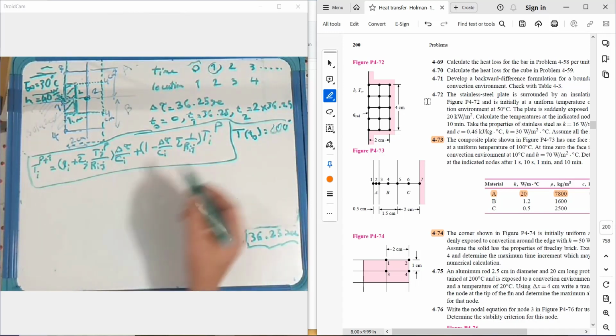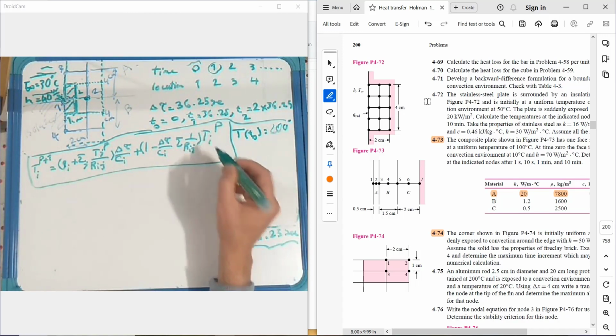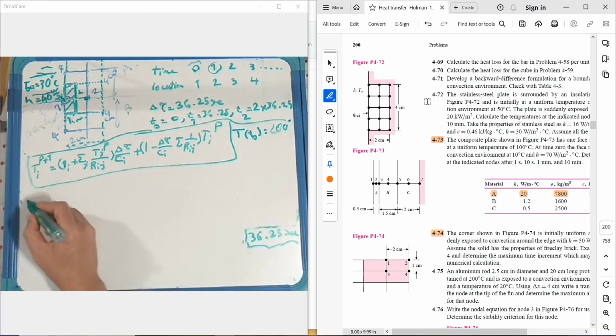Okay, this would be our i, for just point 1, and then T0,1 will be 2000 degrees Celsius.